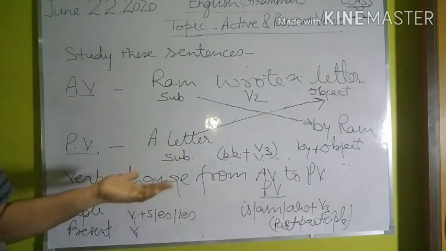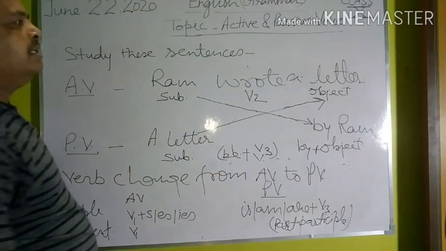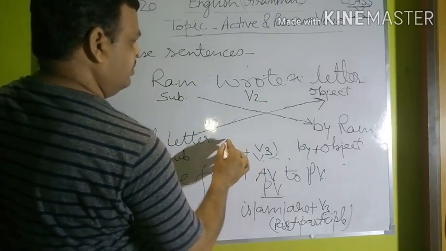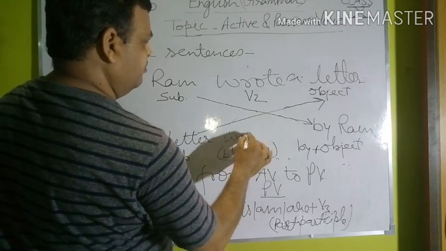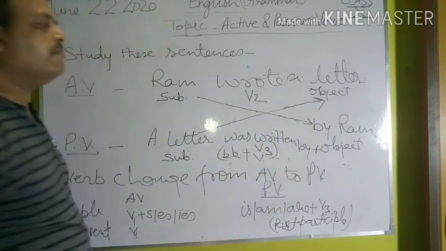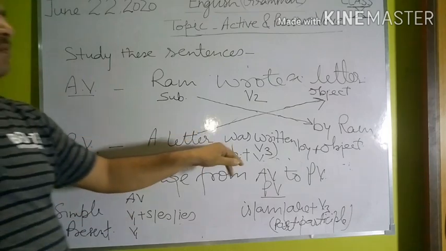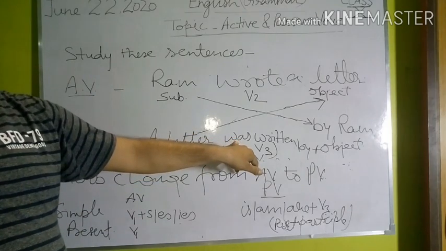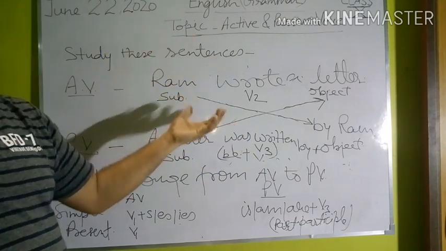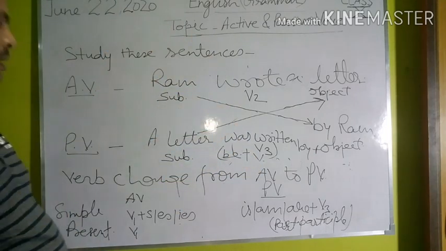Let us see what change we can see here in the verb form. In place of the verb, we will write in passive voice was written. It means that we have used a helping verb of past tense in passive voice. So this is a very important change all of you have to keep in your mind.